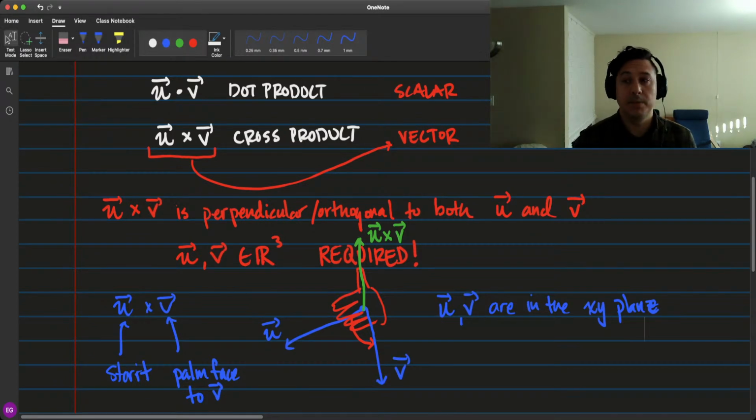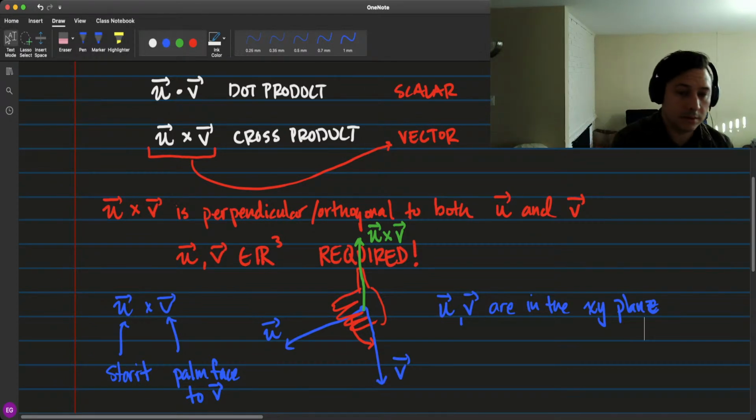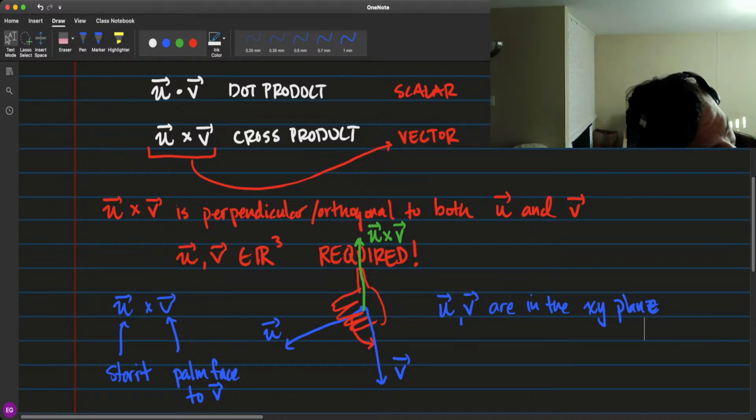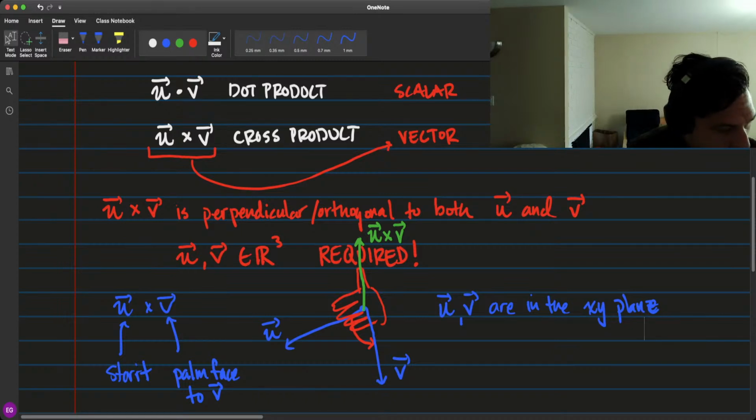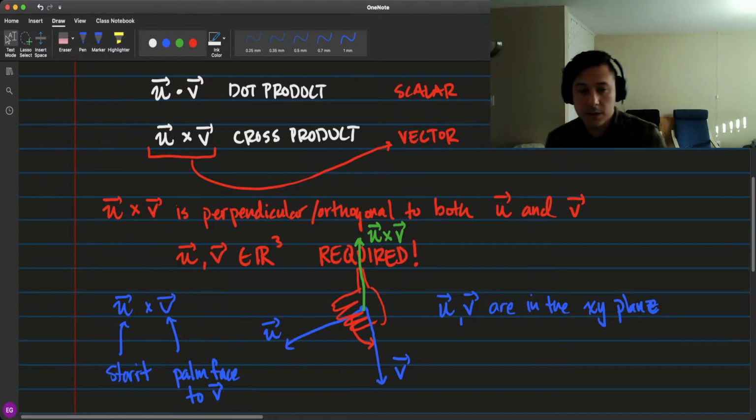It's perpendicular to both of them. Okay, does that make sense what I'm drawing? That's what I want to know. Okay, cool.